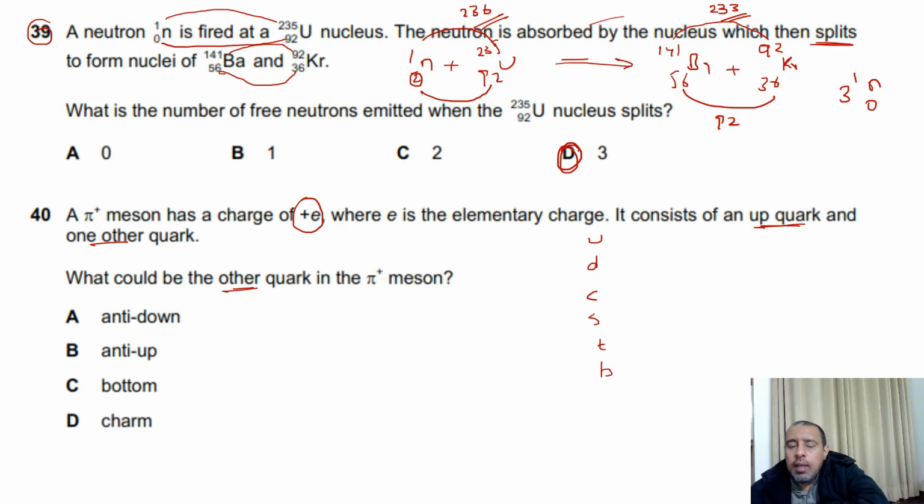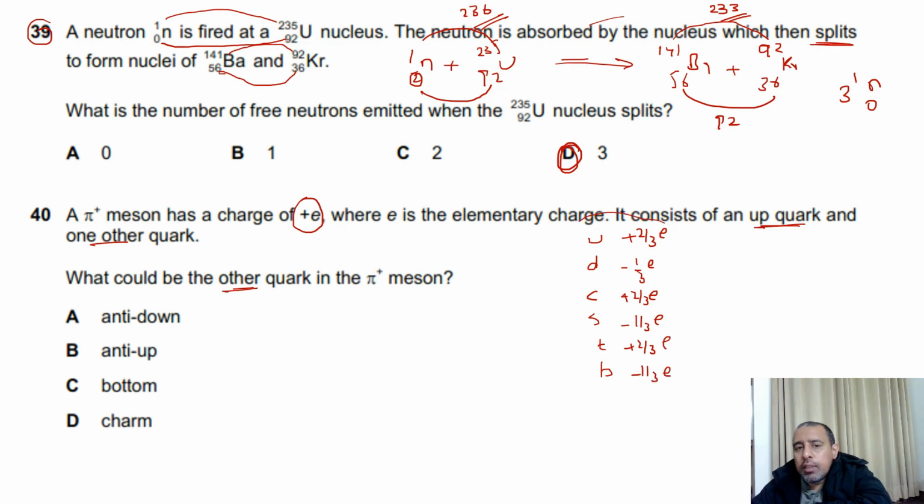These are the quarks, and their charges are plus 2 by 3e, minus 1 by 3e, again plus 2 by 3e, minus 1 by 3e, plus 2 by 3e, and minus 1 by 3e.